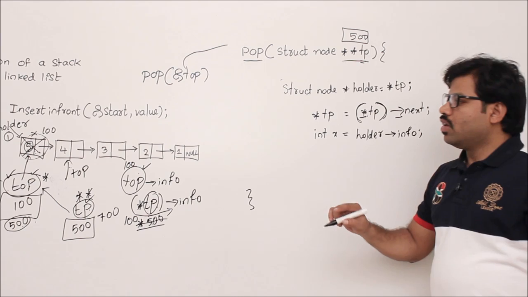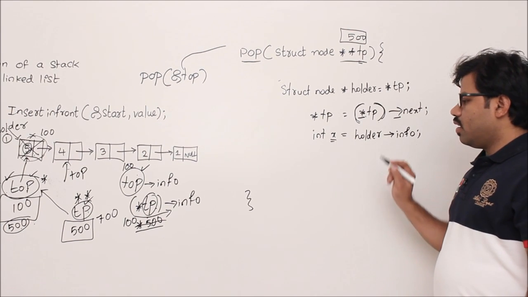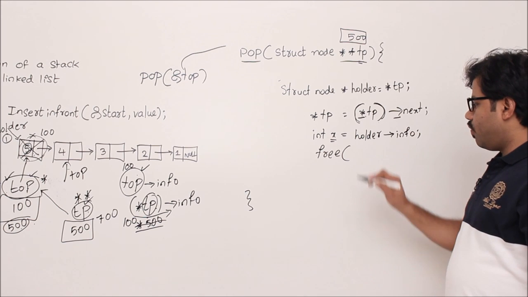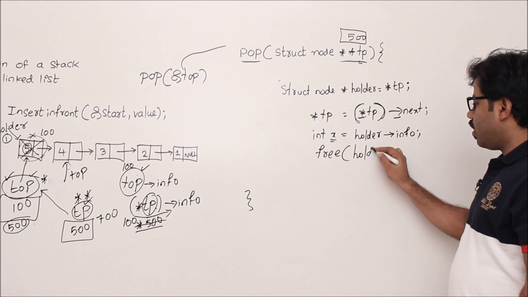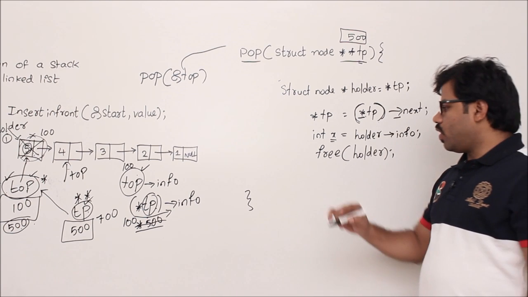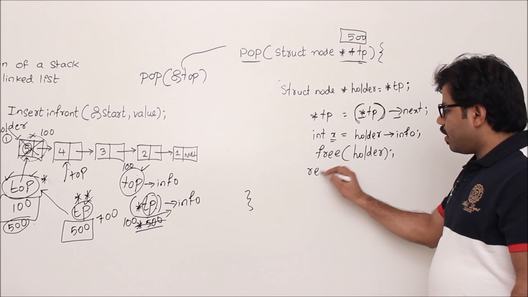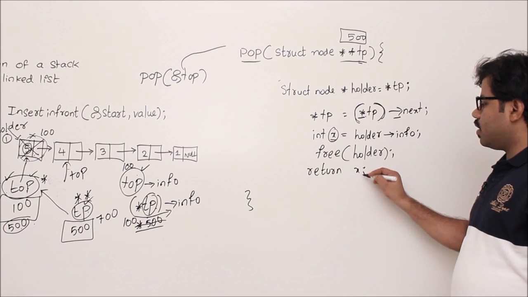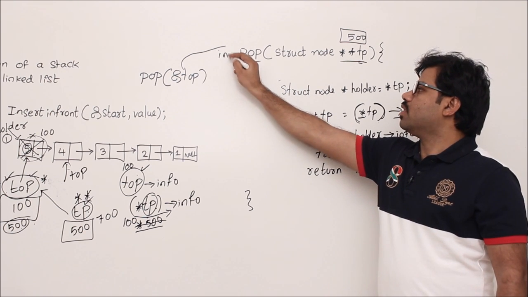We are remembering it, and after that we have to deallocate that box: free holder, who is having the pointer to that box. After that, you simply want to return the data. What is the return value? The return value is stored in x, return x, that's it. So the return type should be integer.